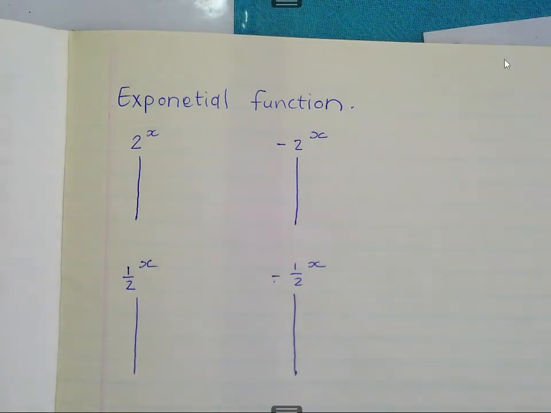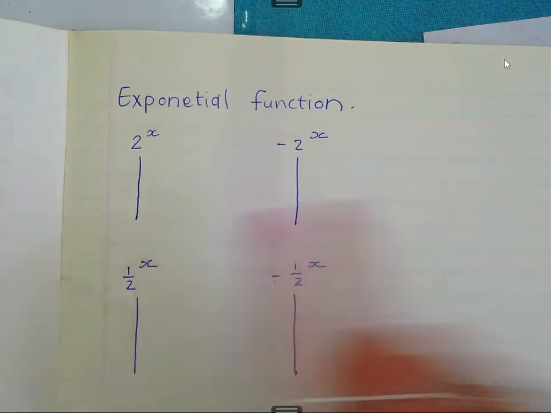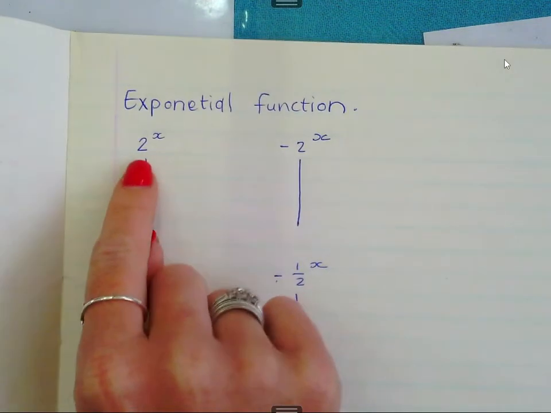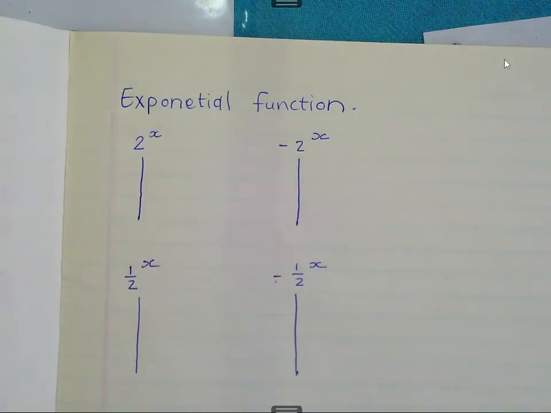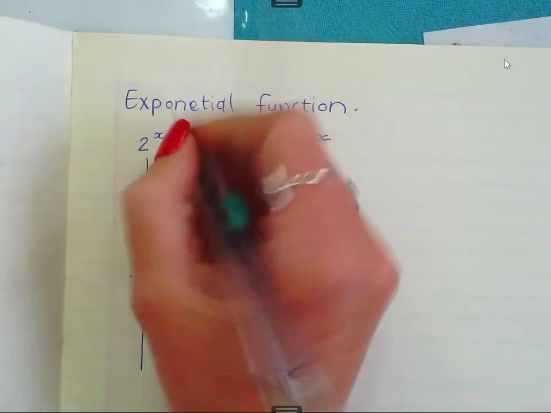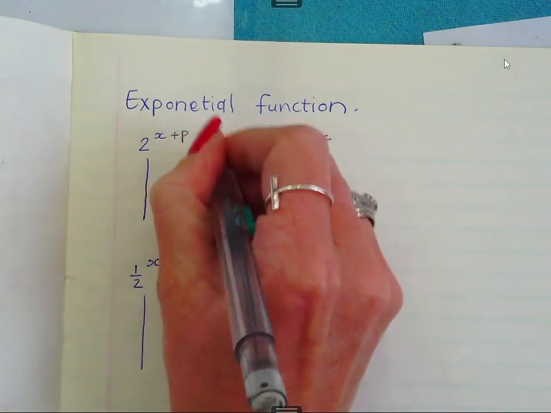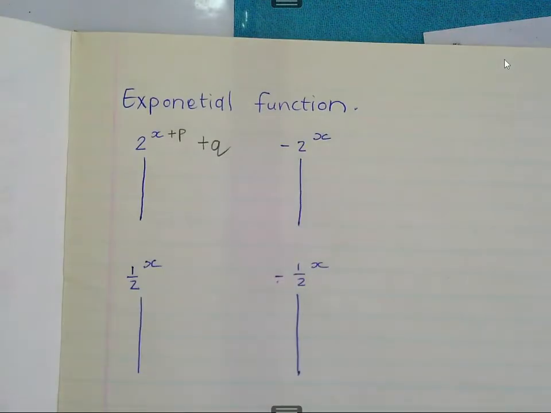I want you to think about this for a minute. And then I want you to use your hand and show me what this graph would look like. The base is 2 to the power of x. Remember, it can be plus p and q, whatever. You can even write there plus p plus q. Doesn't matter how it has been translated in other ways. If I see a base of 2, what does that mean? It's 1 times 2. Show me with your hands what this graph will look like.